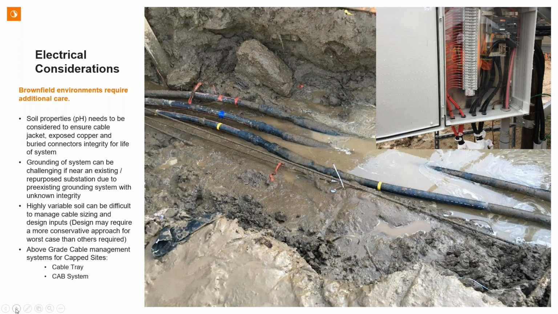Highly variable soil can make it difficult to manage cable sizing or ampacity requirements, and as such, your design may require a more conservative approach to ensure your cables are sized accordingly. And finally, if you do have a landfill site with a cap, you will likely have to employ a cable tray system or some sort of cable system.